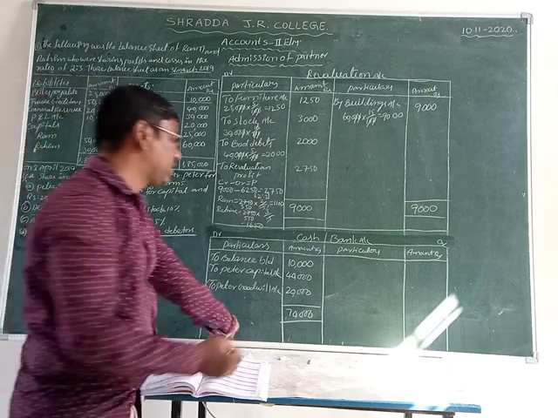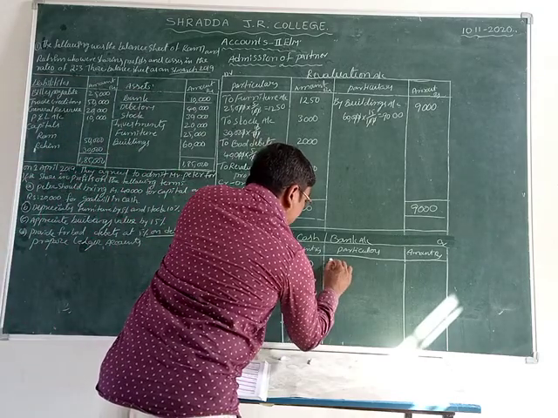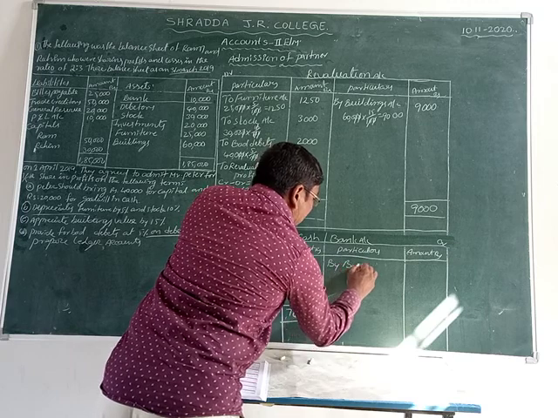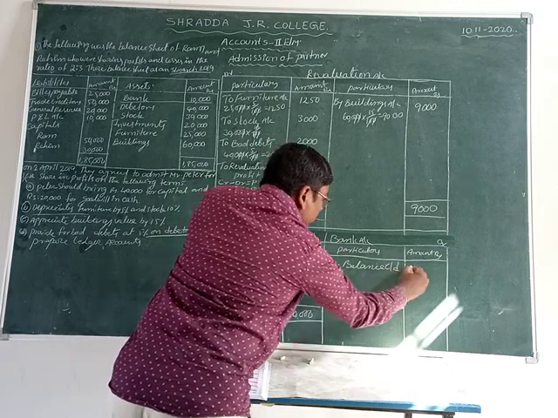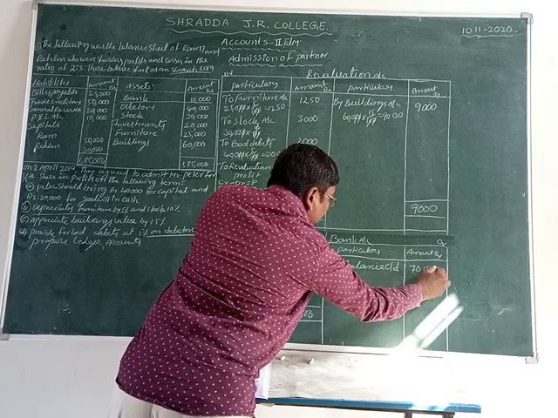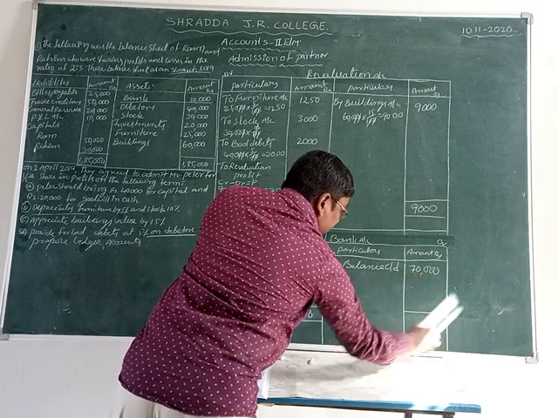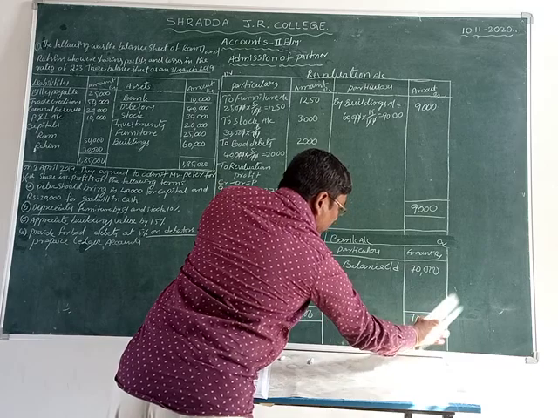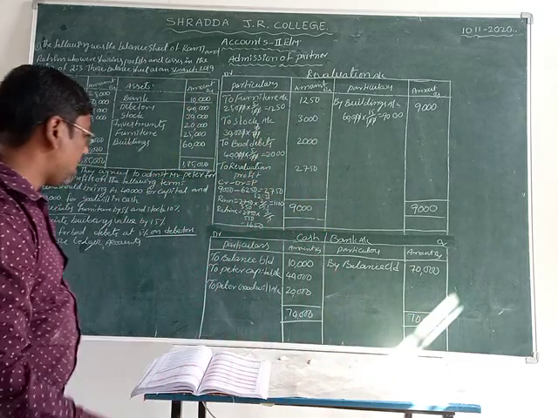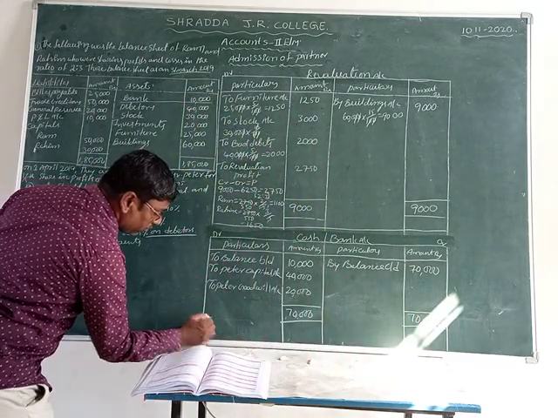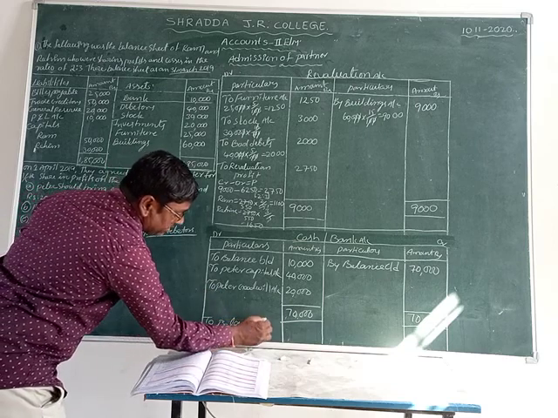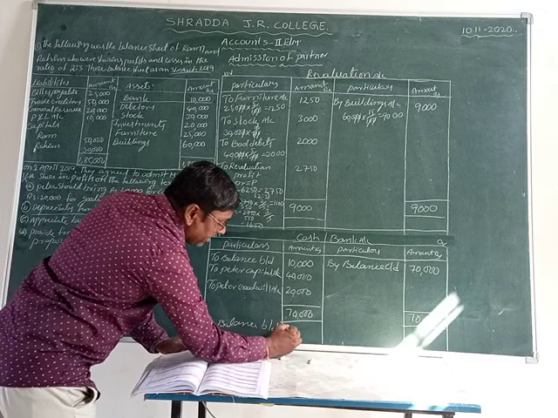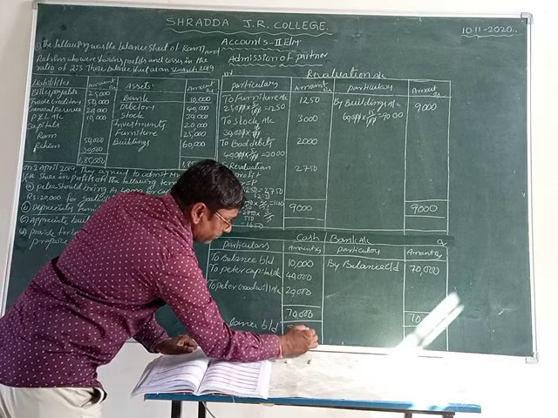Okay now, the left side: no cash goes out. That's why by balance carried on. Now this amount goes to the credit side, 70,000 rupees. Now the total amount is 70,000 rupees, isn't it? Now the balance breakdown is 70,000.